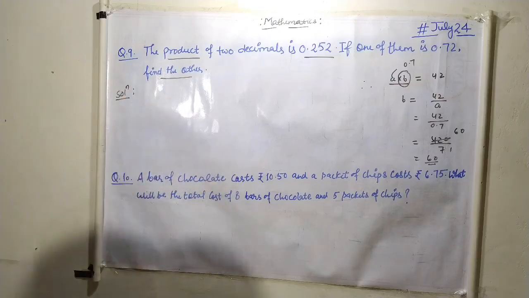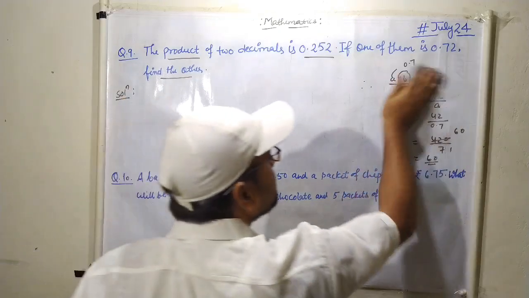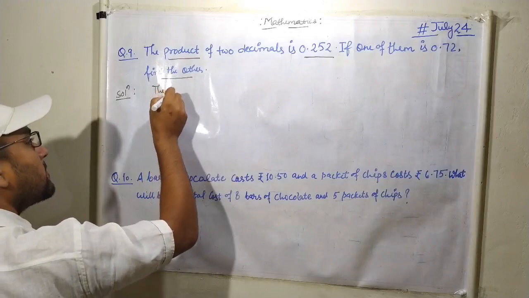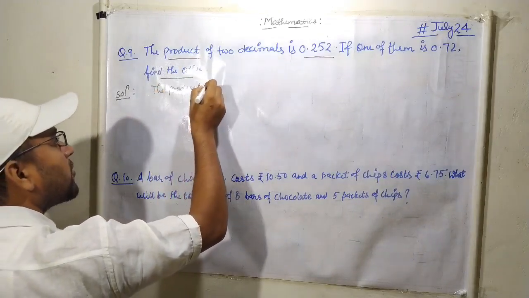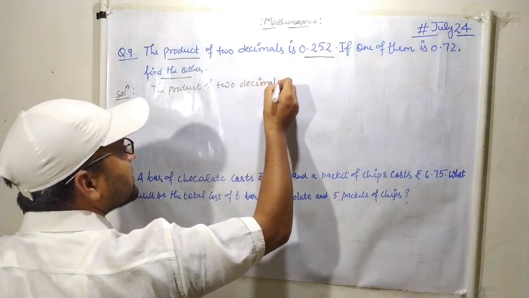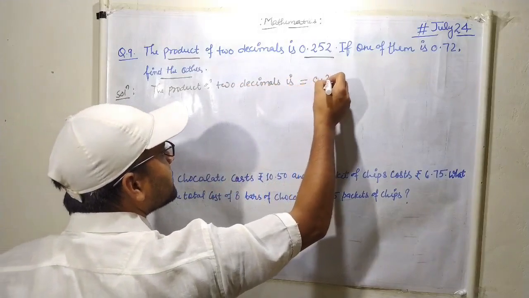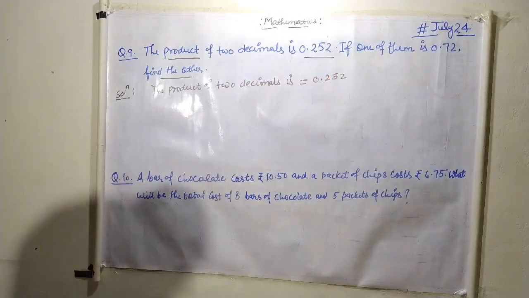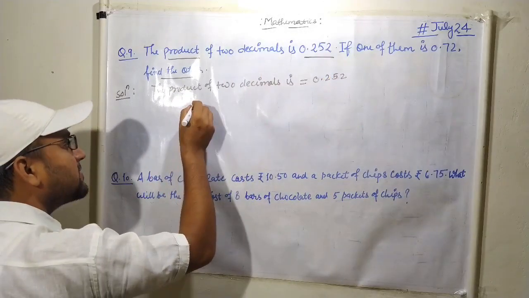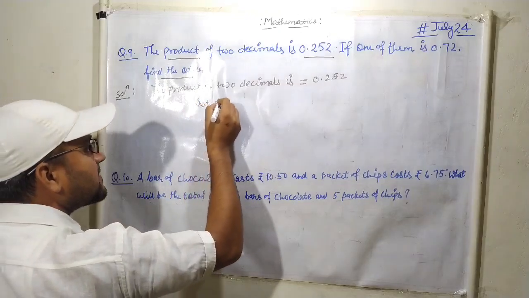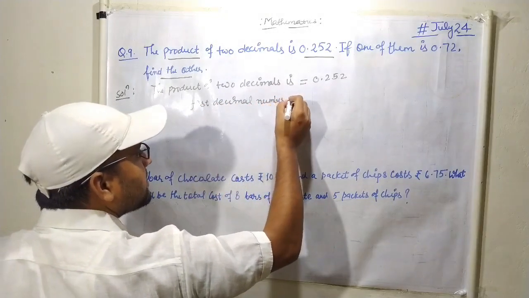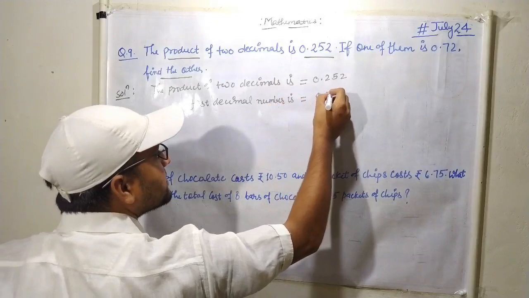So the product of two decimal numbers is 0.252. One of them, the first decimal number, is 0.72.